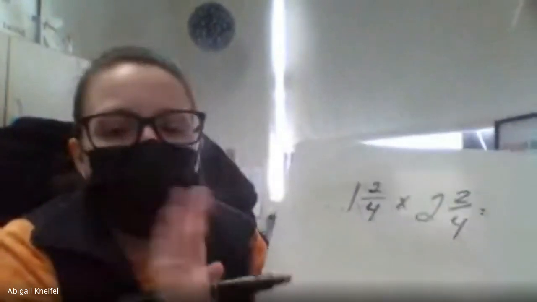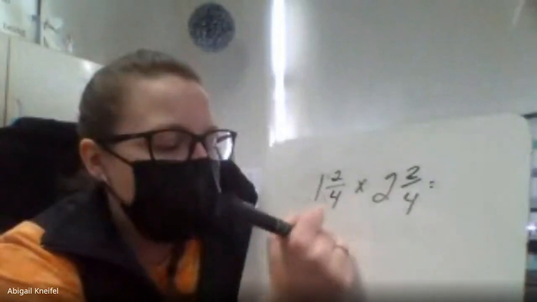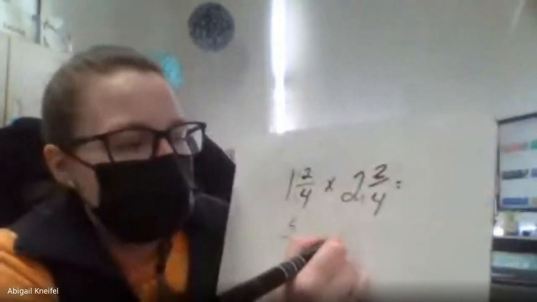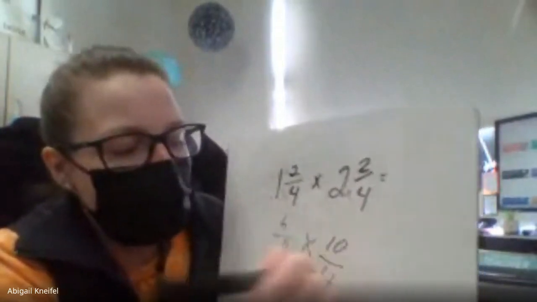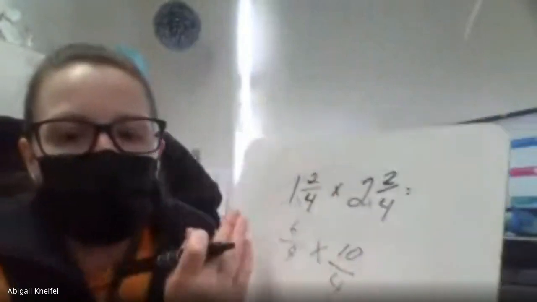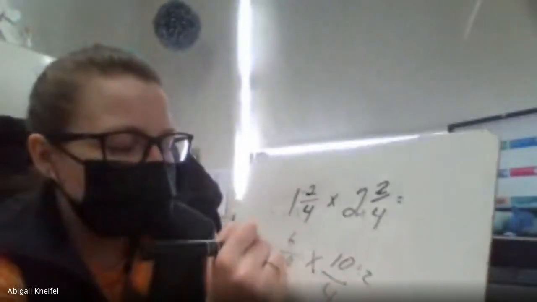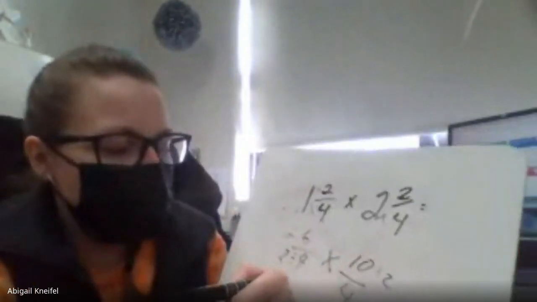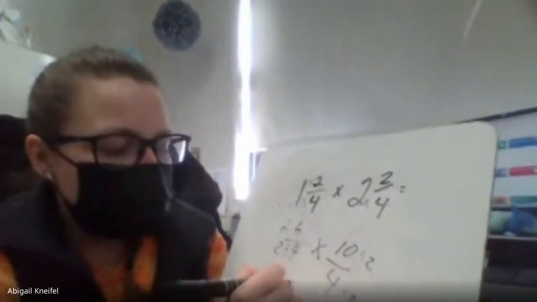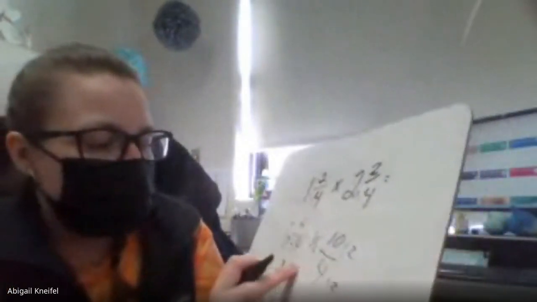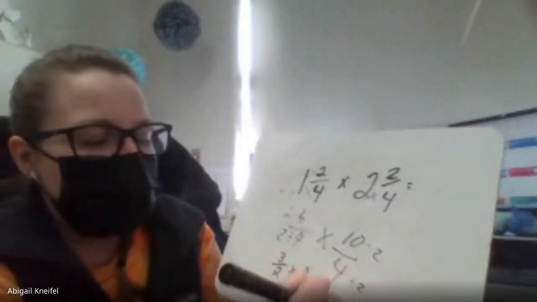1 times 4 is 4, plus 2 is 6 over 4, times 2 times 4 is 8, plus 2 is 10 over 4. I can cross simplify because all of these are even numbers. Every single one of them can be divided by 2. If I divide them all by 2, I get 3 over 2 times 5 over 2, which gives me 15 over 4.